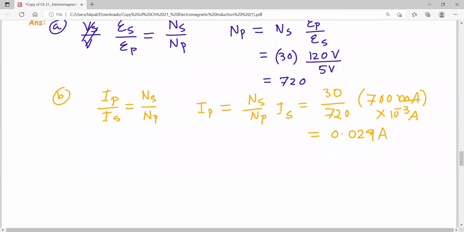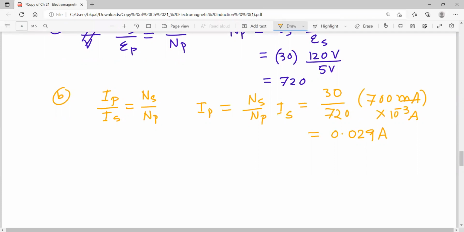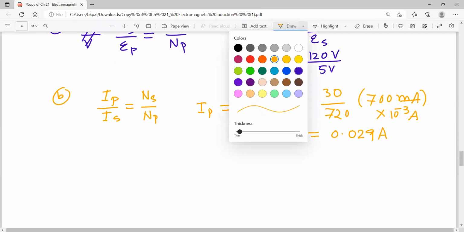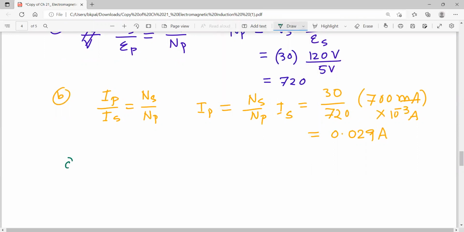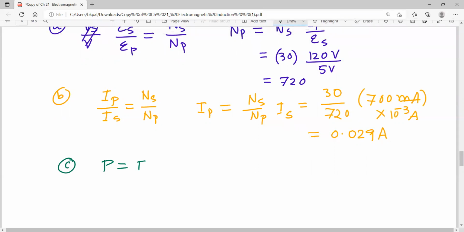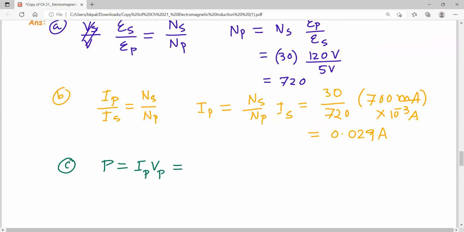The last one is the power. Because we neglect the power dissipated in the coil, we can use the information from either the primary coil or the secondary coil. Both will work. If you remember, P was equal to IV. Let me just plug in the values for the primary.